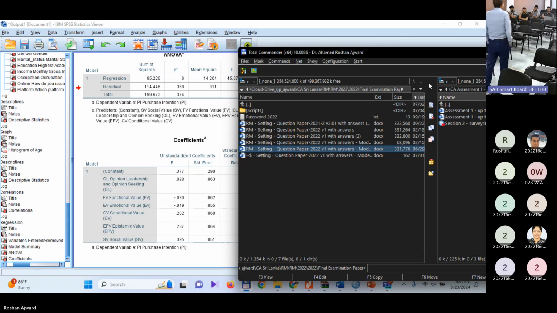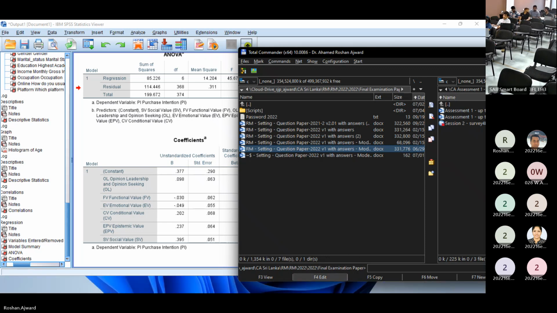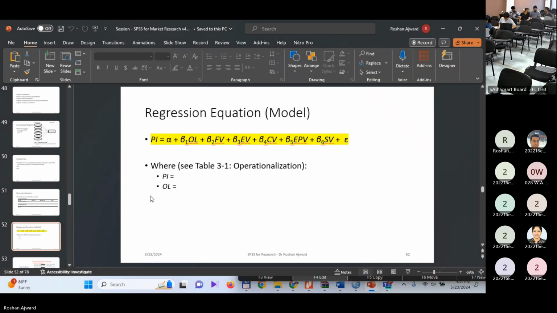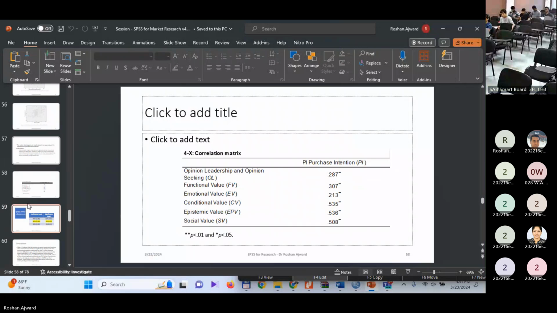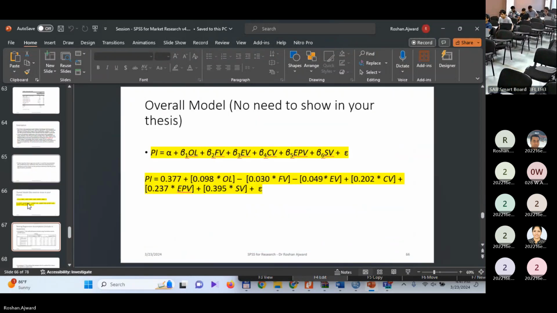So what do we mean by t-test and one-way ANOVA? We call that test of difference. So please take the test of difference. I have given this information to you in the regression analysis.